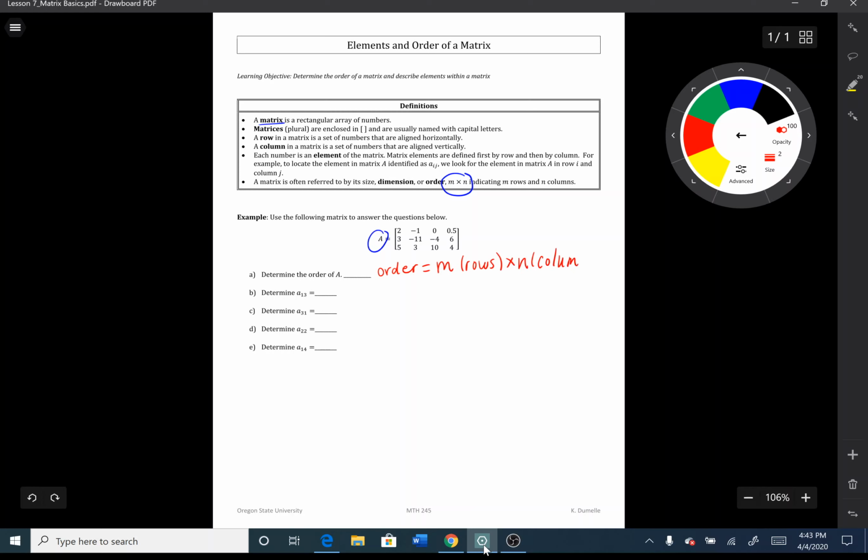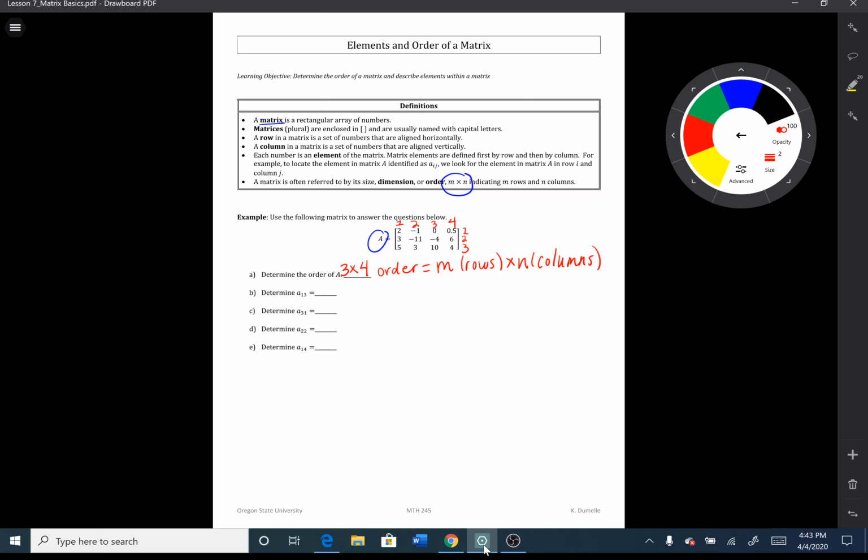How many columns are there? So here, rows being horizontal, I have 1, 2, 3 rows. So my first number is a 3. And I have 1, 2, 3, 4 columns. So my order or dimension here is 3 by 4.